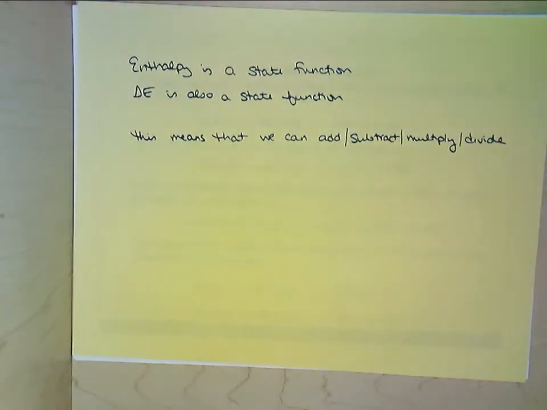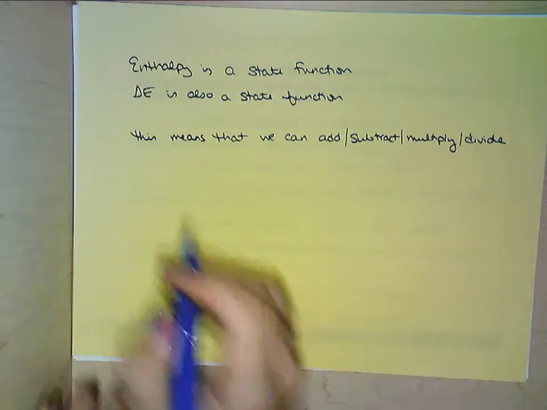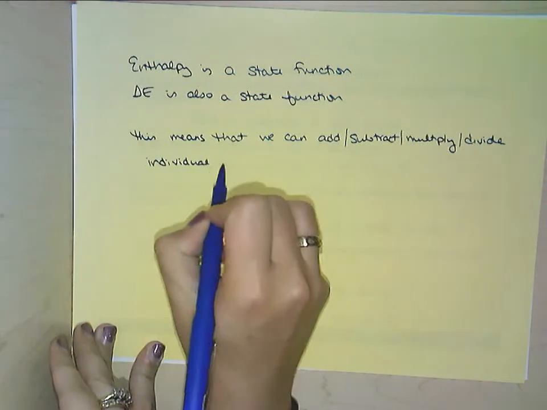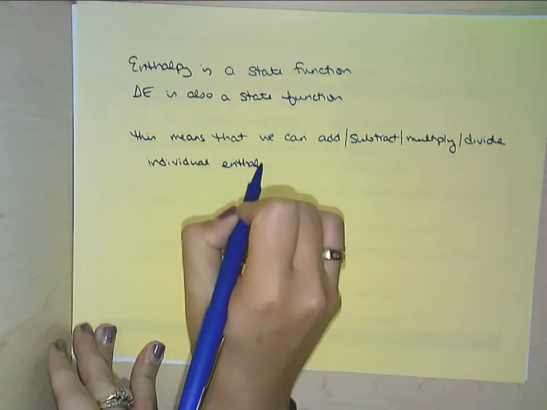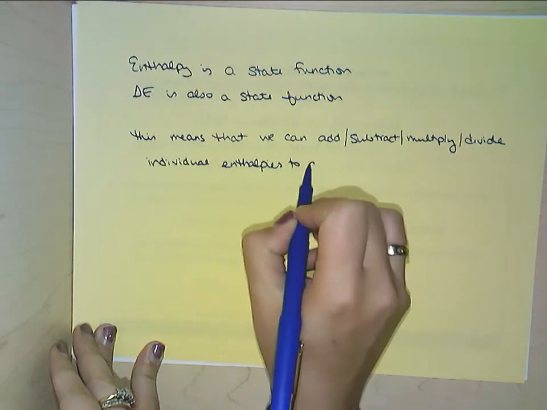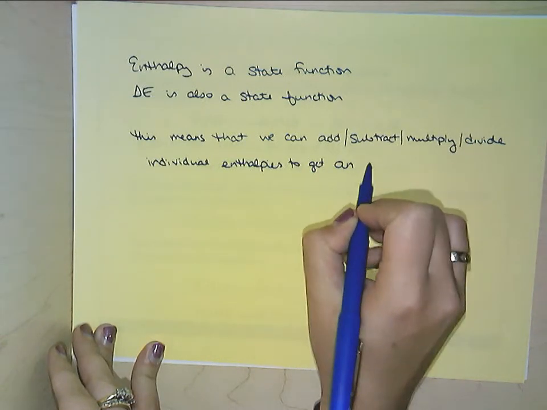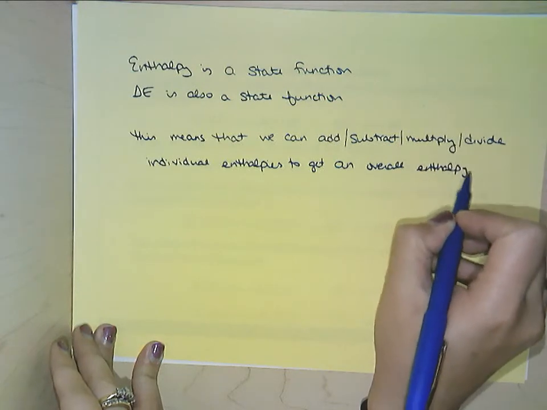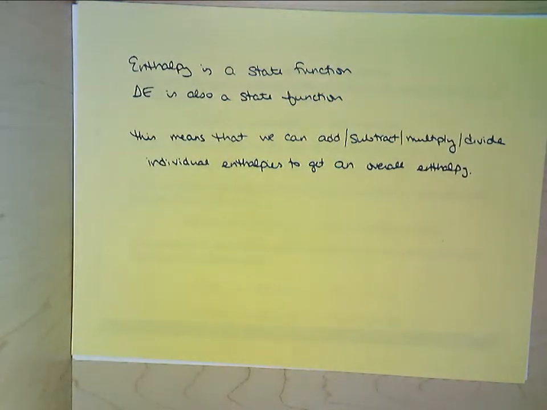Since they're state functions, it means we can add, subtract, multiply, divide individual enthalpies or internal energies. We can do math with individual enthalpies to get the overall enthalpy.